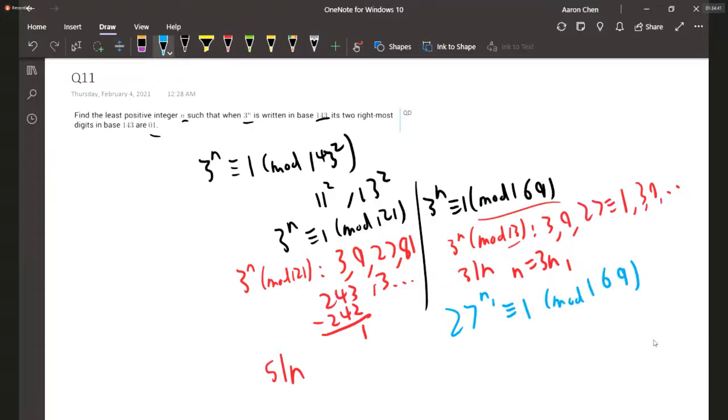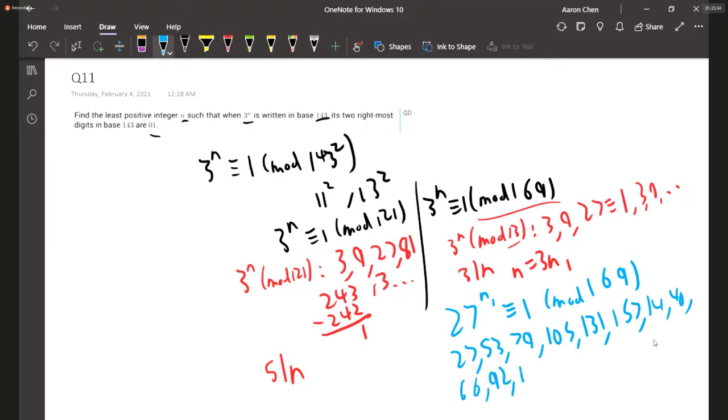And so from here, we can just find that it's 27, 53, 79, 105, 131, 157, 14, 40, 66, 92, 118, 144, and then 1 again. And then 27 again. So this tells us that 13 divides n1.